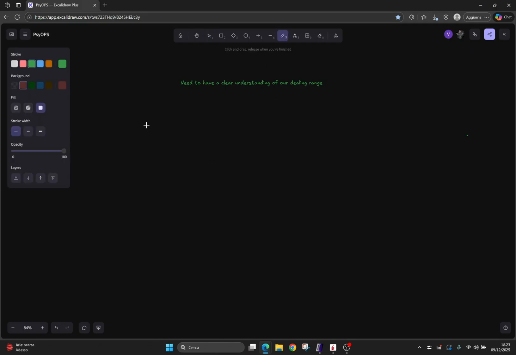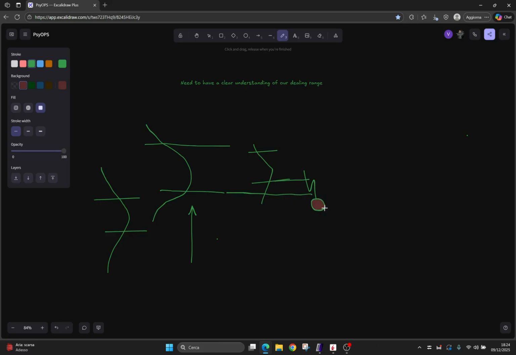Let's make an example. If we are like this today, closed in a range coming from a previous profile, single or merged like this, and we start the new session here, and we say, okay, we are building value above, we are long for bias, and we have the previous value area and the actual value area giving us a confluence that from here we want to go long.